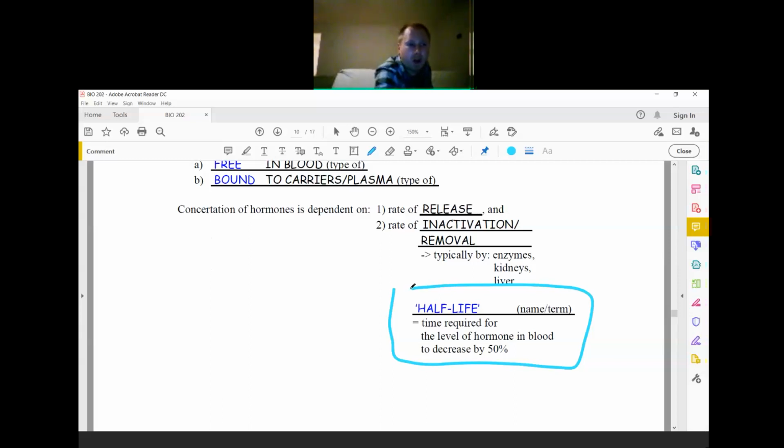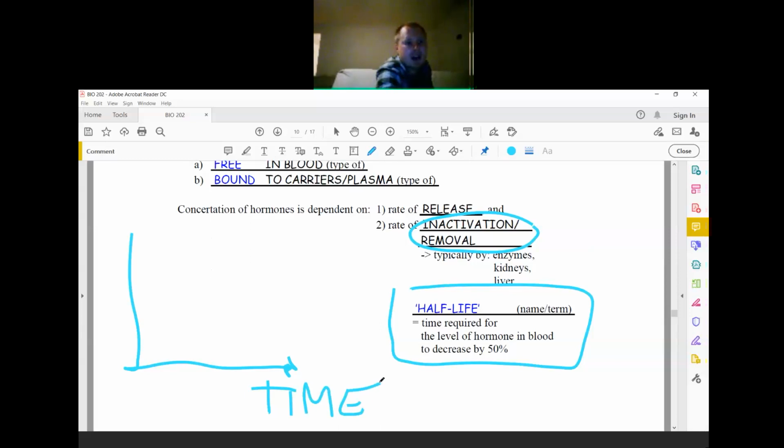So if you think that we're either inactivating or removing hormone, here is time on the x-axis, and on the y-axis we have concentration of a hormone. So let's say that initially we have a high amount of the hormone, but once it has done its job, the amount of it starts to decrease.